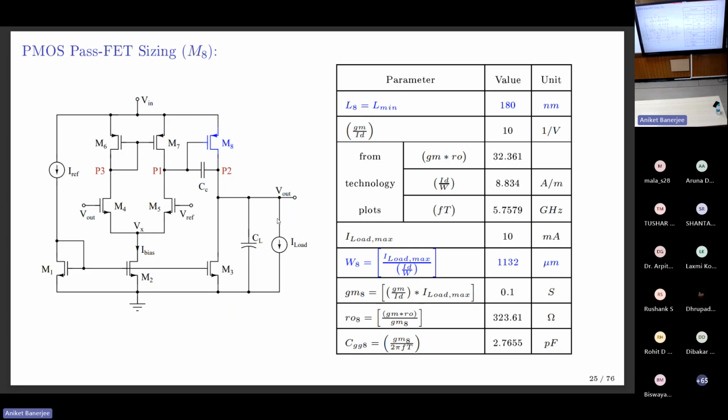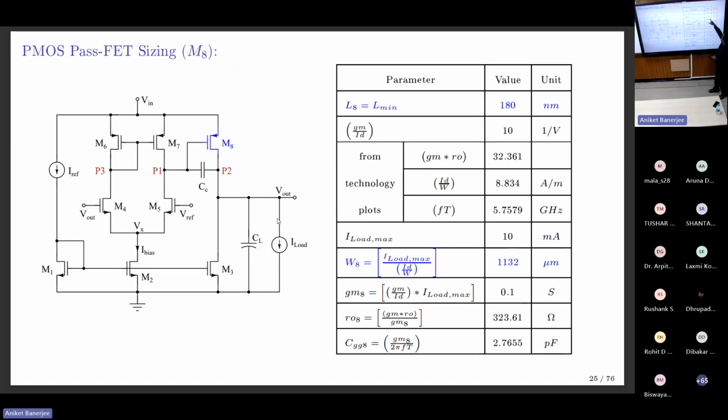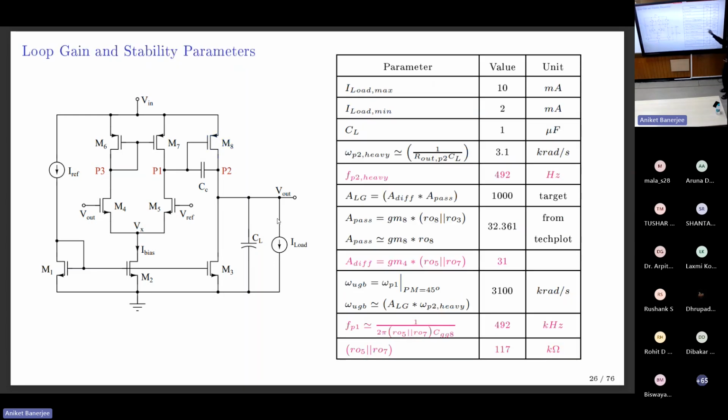We are decoding all the DC operating points just from the text plots shown here. You know RO8 and the CL value, so I can write omega. This is the heavy load, the worst case condition, and this text plot point is taken for a 10 milliampere current condition, so you can use it here.